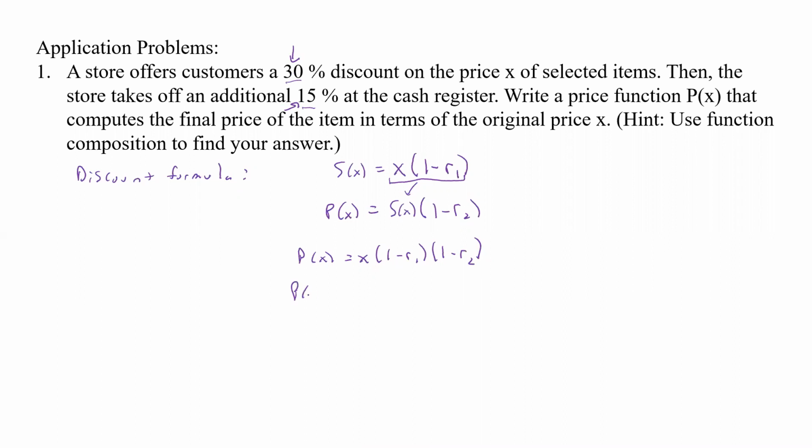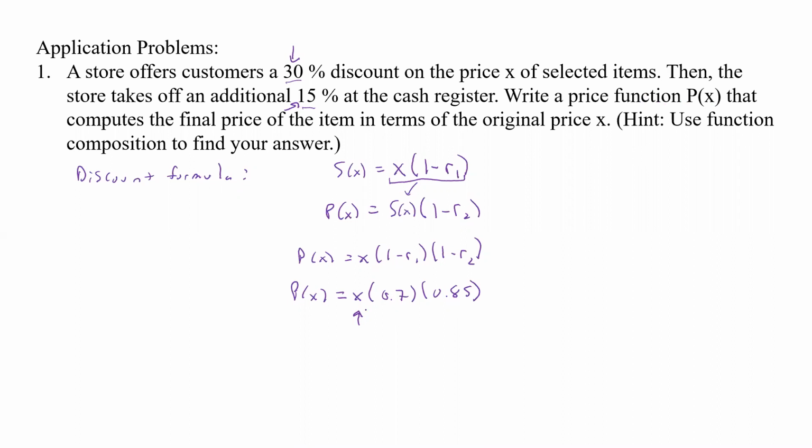And so P of X equals X times 1 minus, and again, we have to put these in decimals, so that's 0.3. Well, that's going to give us 0.7. And here we have 1 minus 0.15, so that's going to be 0.85. And then given whatever our original price was, if we take it times 0.7 times 0.85, that will be our final function price P of X, okay?